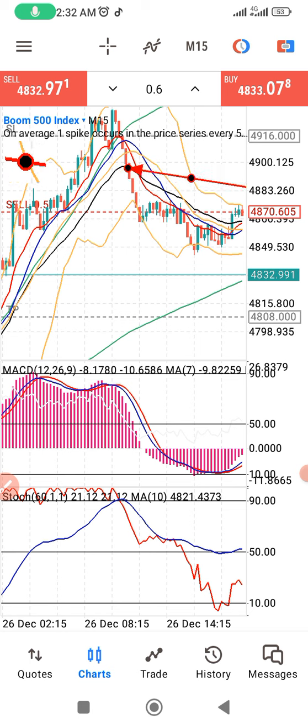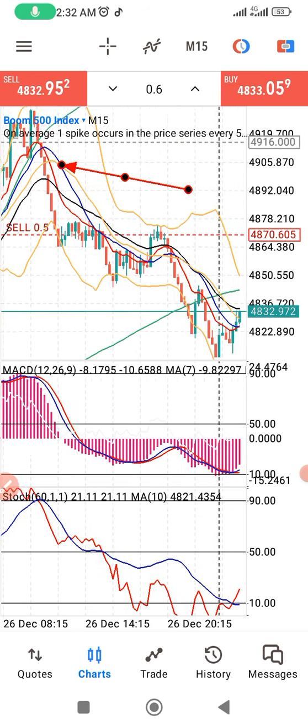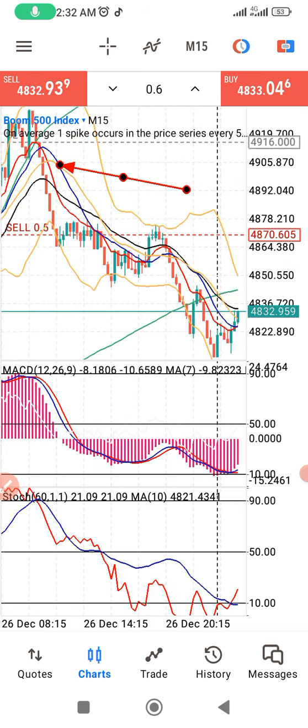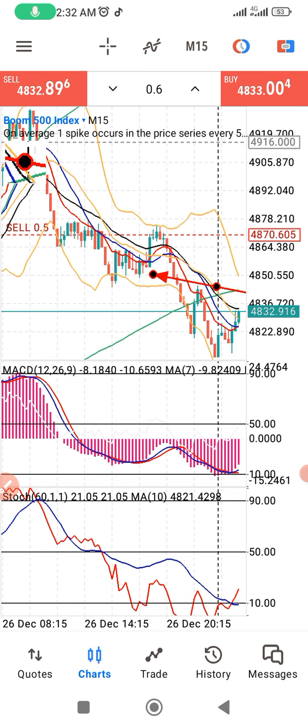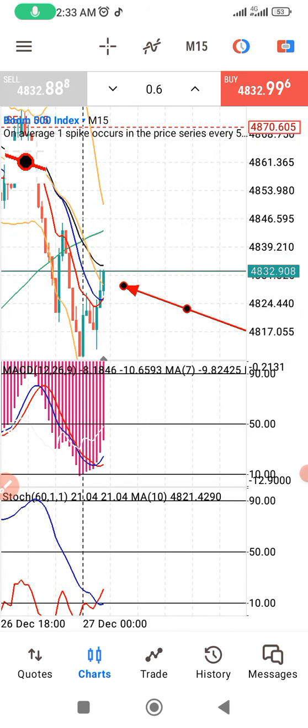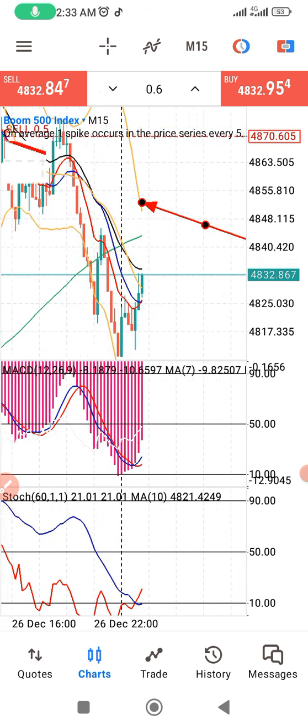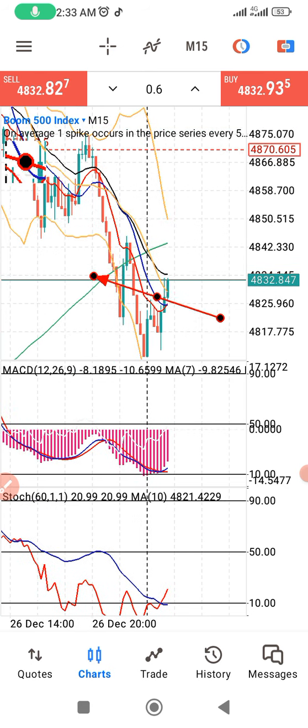And it becomes confirmed that we are in a downtrend when we see this particular scenario take place. We are in a downtrend when price crosses this middle Bollinger Band and closes below it.